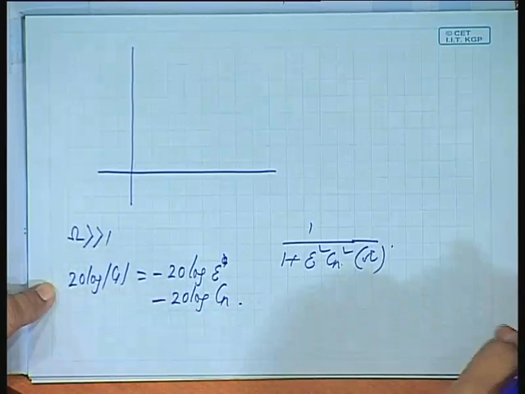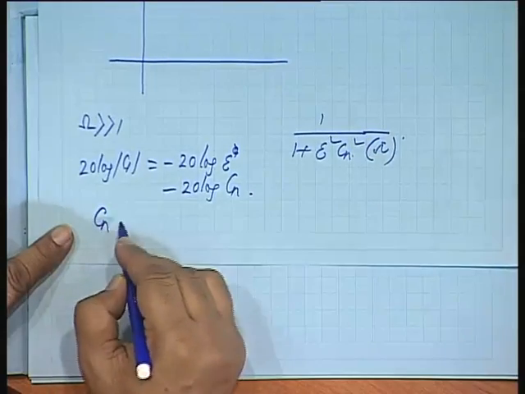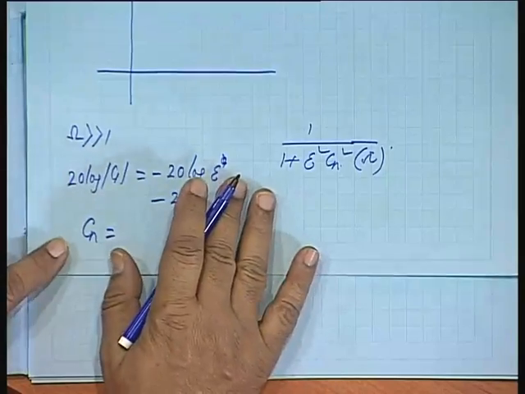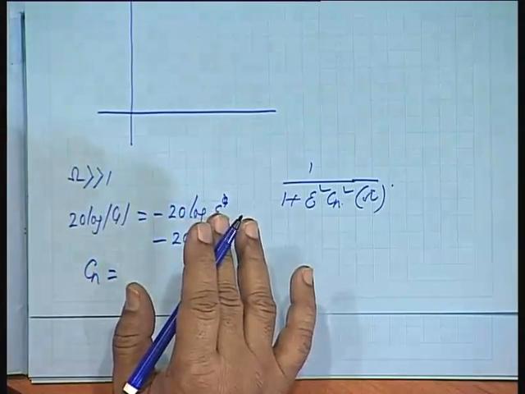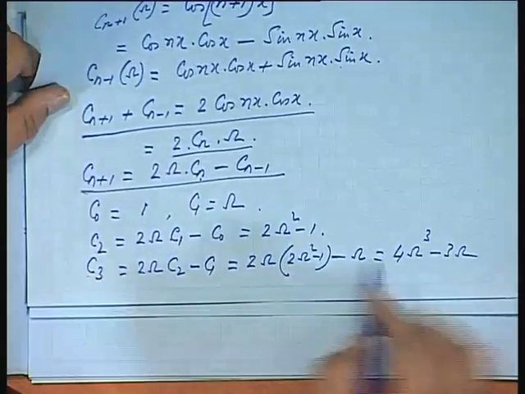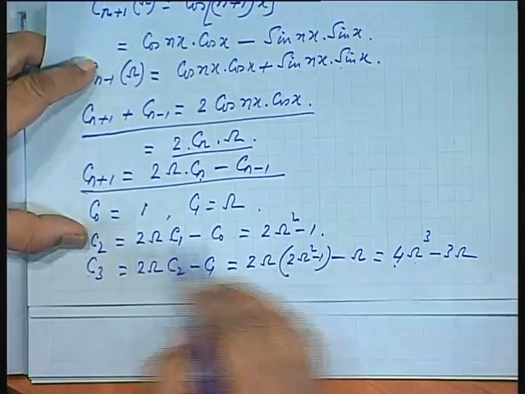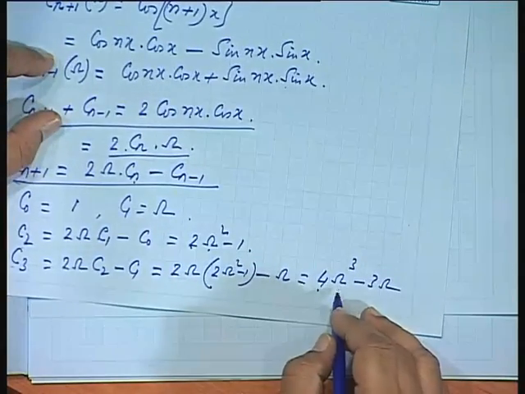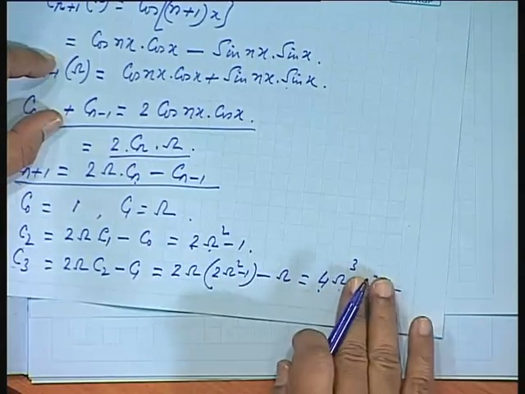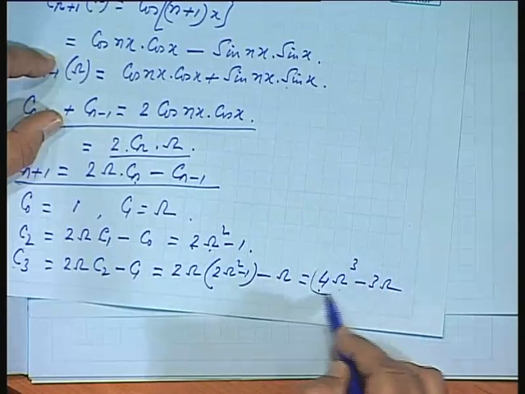Now, let us see once again what Cn was. Cn was a polynomial in omega. If you just look at the Cn's, for example, C3 is 4 omega cubed, and C2 was 2 omega square. Since we are taking omega greater than 1, in a polynomial I will take only the highest order term, it will approximate to this value.